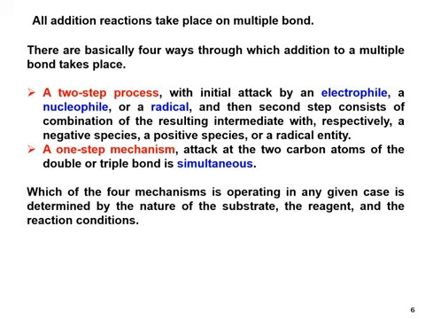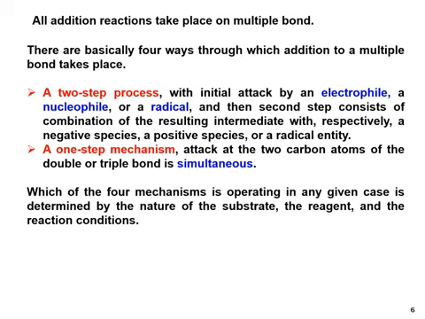There are basically four ways through which addition to a multiple bond takes place. First, a two-step process with initial attack by an electrophile, a nucleophile or a radical, and then the second step consists of the combination of the resulting intermediate with, respectively, a counter species.